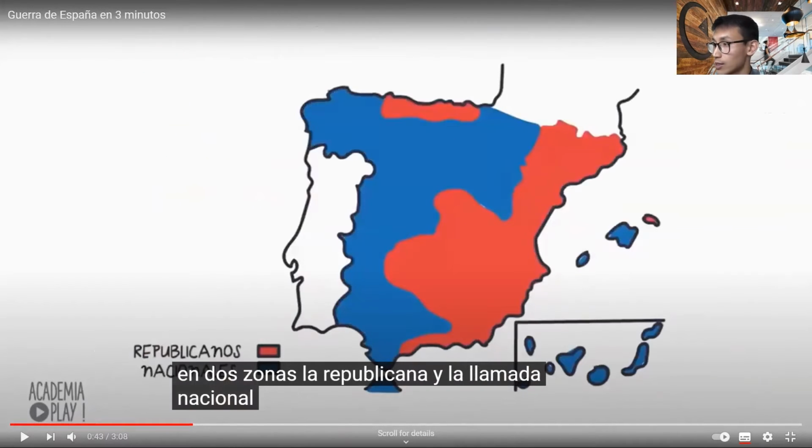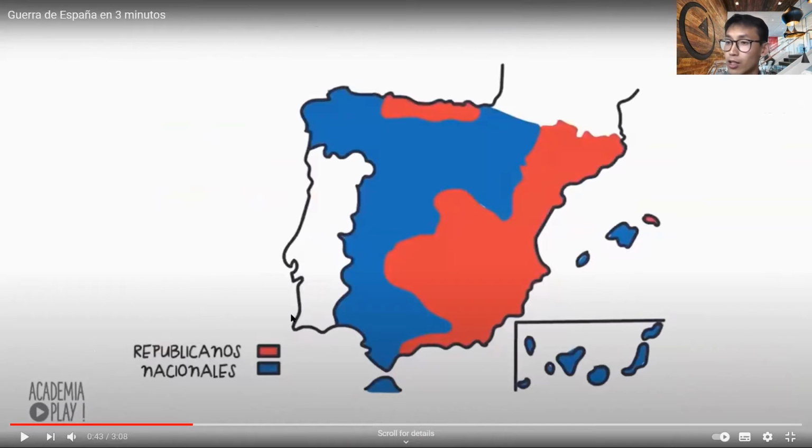So if you look at this map, the red part is the Republican government, and the blue part is the bando nacional, or sublevado. So they didn't really succeed in taking Madrid at first.